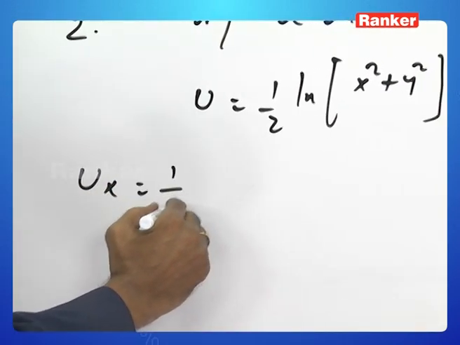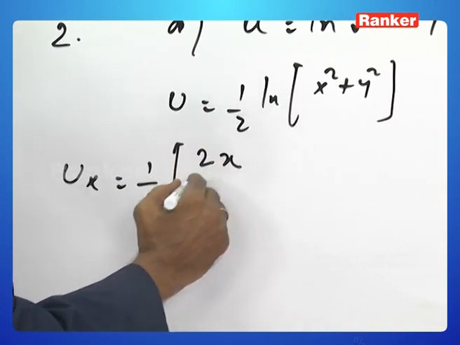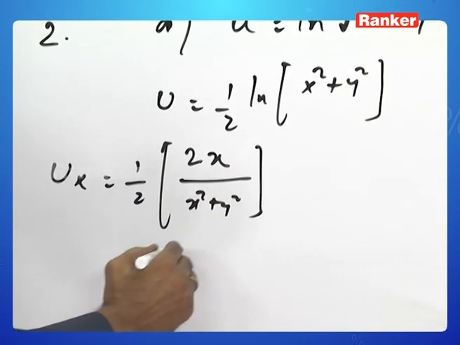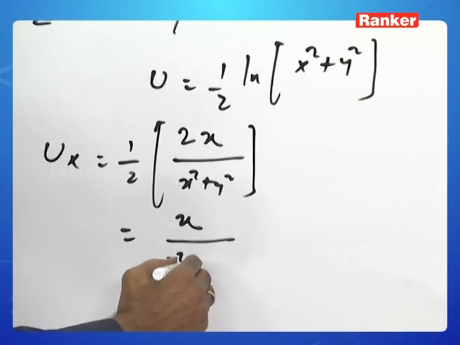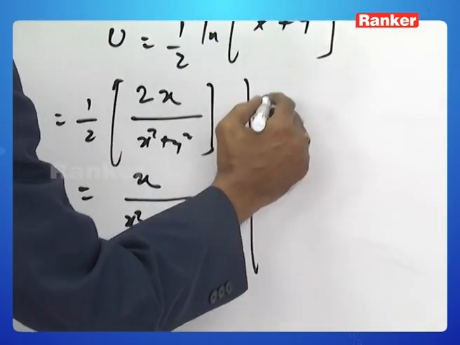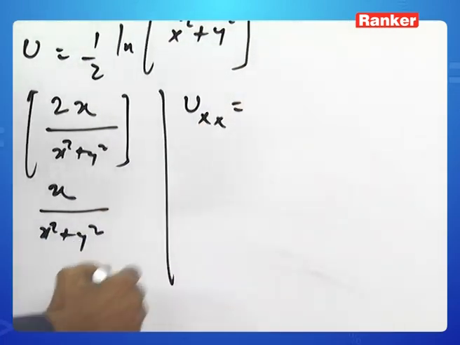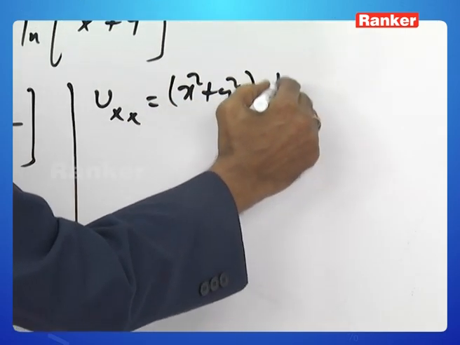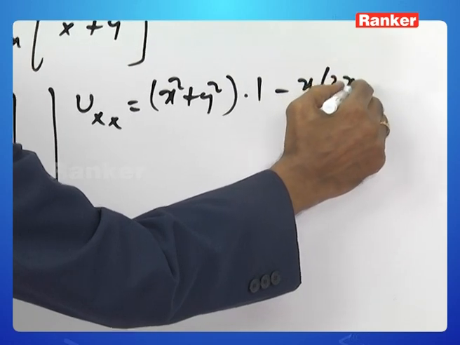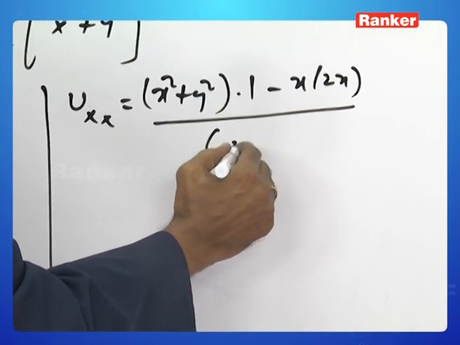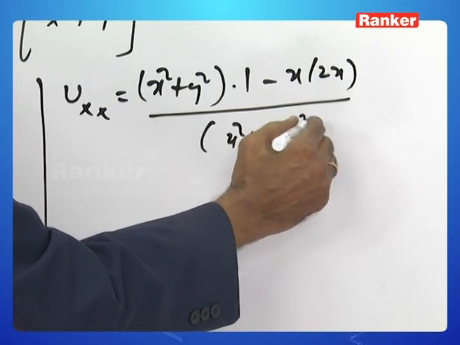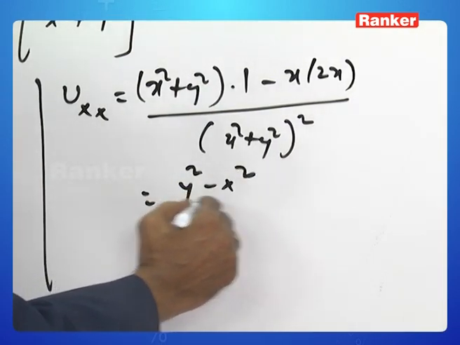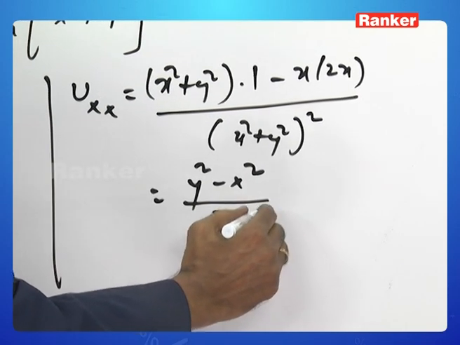So, ux is equal to half of 2x by x square plus y squared. So, this is x by x square plus y squared. uxx is equal to x squared plus y squared into 1 minus x into 2x by x square plus y squared whole squared. This will give us y square minus x square by x square plus y square whole squared.